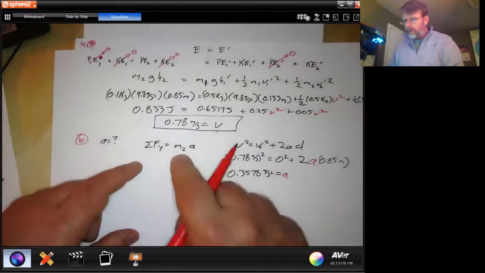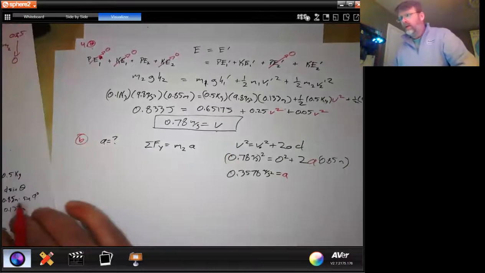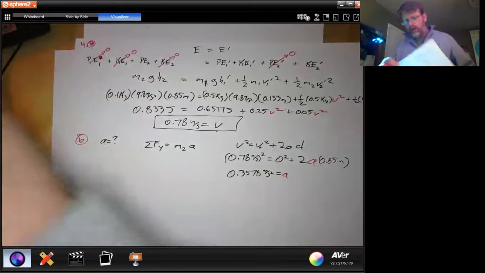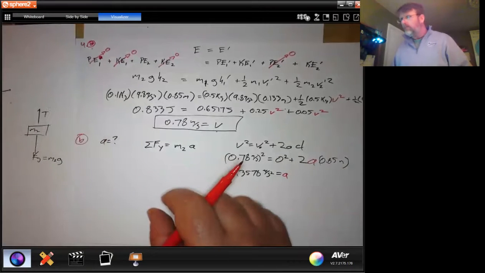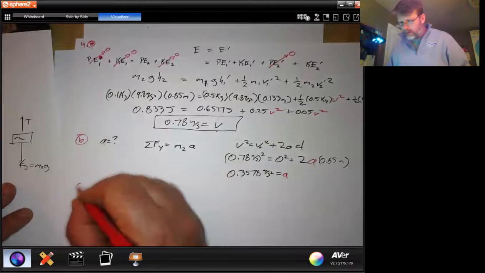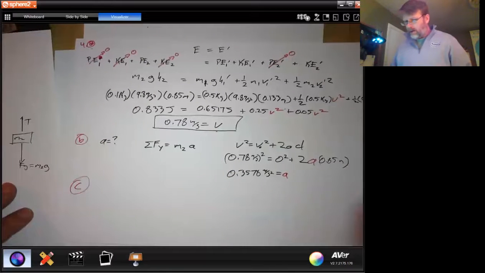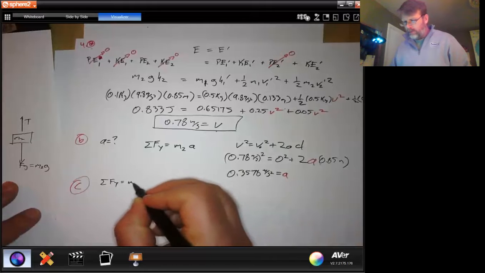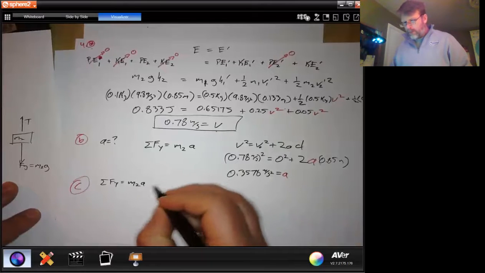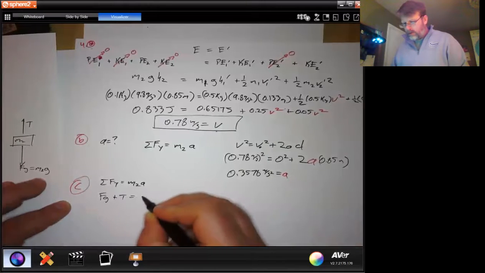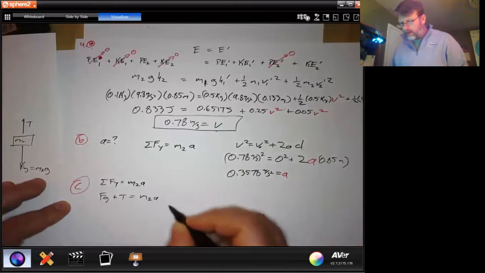Now we can get back to what I was talking about before with the forces. Let's look at part C, which is the sum of our forces in the y. We're going to have the force of gravity and tension equals m2 times a.